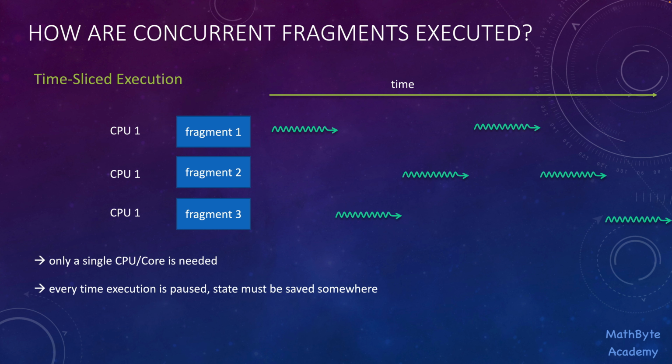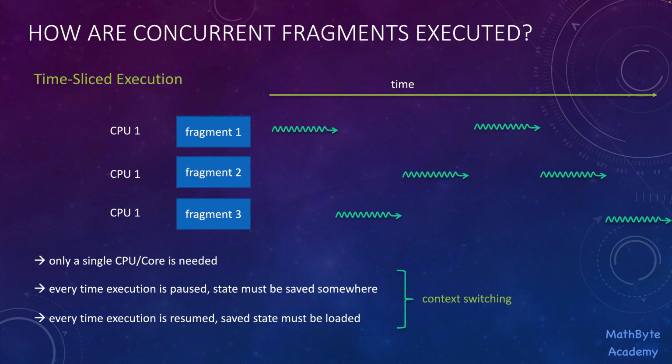Now, every time the execution is paused, right, when fragment 1 starts running its calculations, let's say those sums and counts, and it gets interrupted and something else is going to run, well, this current state of that code must be saved somewhere. And then every time the execution is resumed, when fragment 1 resumes, let's say over here, well, that previous state needs to be reloaded so that the code can continue executing from that point.